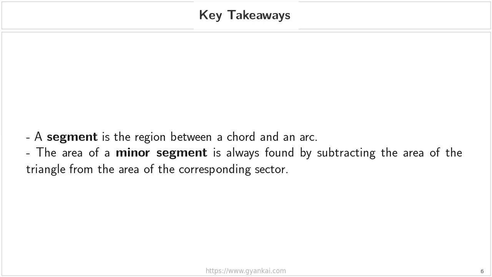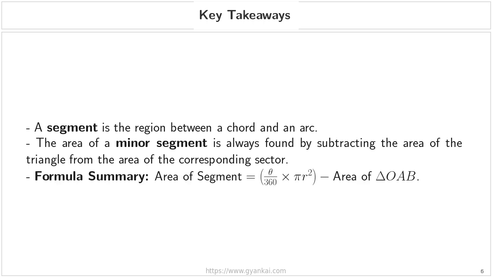The area of a minor segment is always found by taking the area of the corresponding sector and subtracting the area of the triangle formed by the radii and the chord. To put this into a single mathematical rule, here is your formula summary. The area of a segment equals theta over 360 multiplied by pi r squared minus the area of triangle OAB.